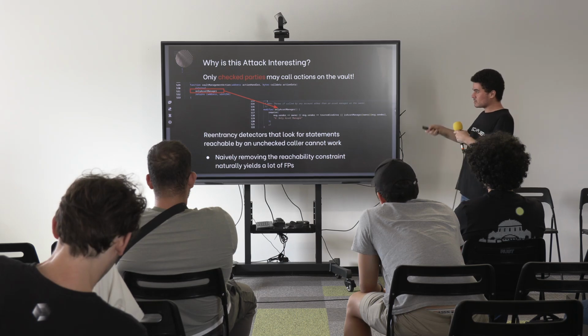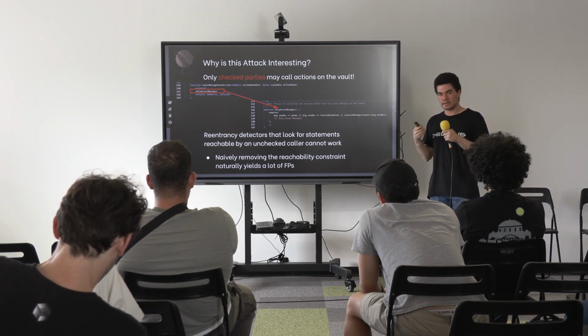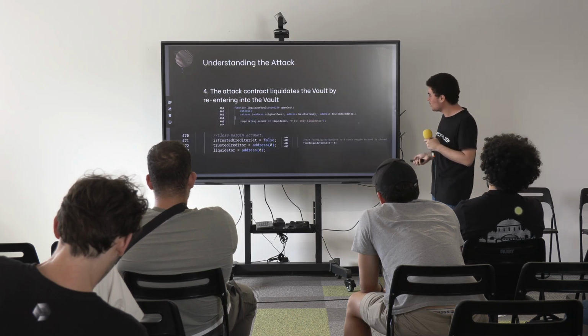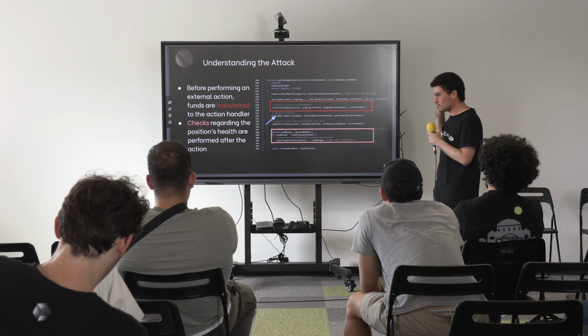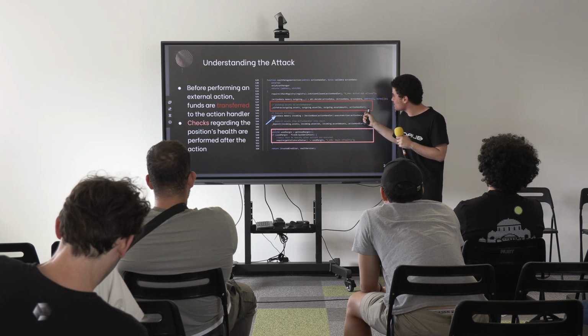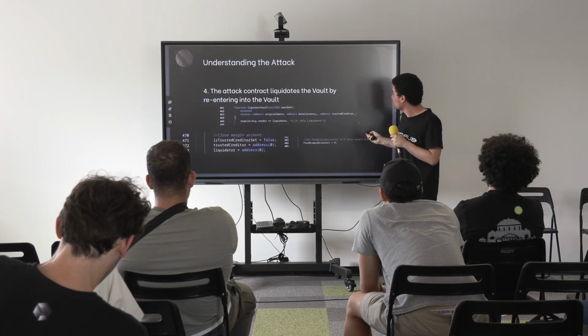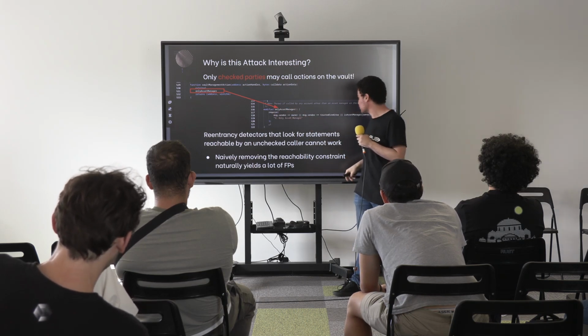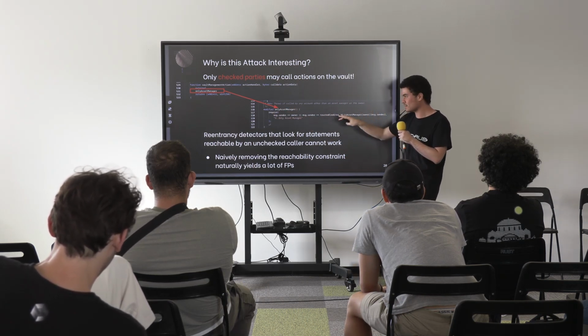So why is this attack interesting again from a static analysis point of view? If you take note, all this time, the person attacking the contract is someone who is regarded as the potential owner of the contract, or at least a trusted address.